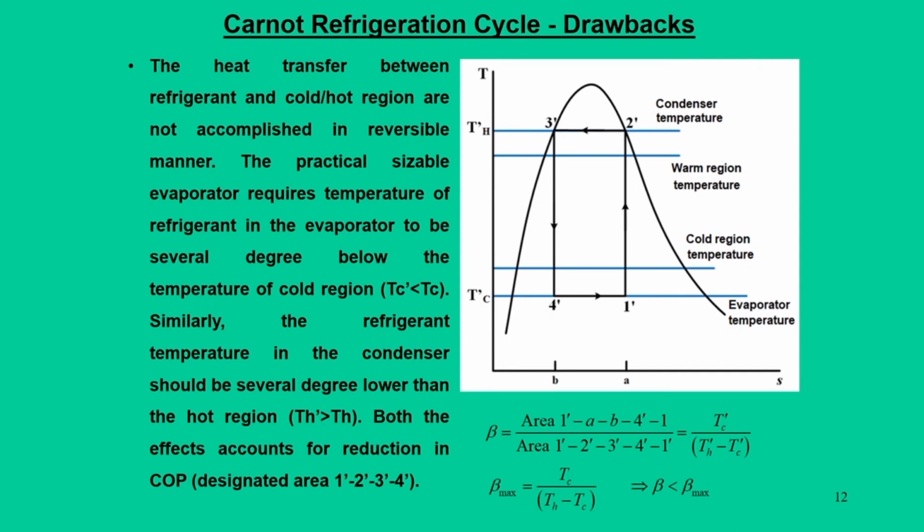The first drawback: in the Carnot cycle, you have the warm region temperature TH and the cold region temperature TC.